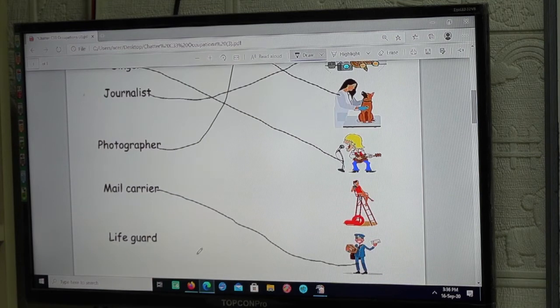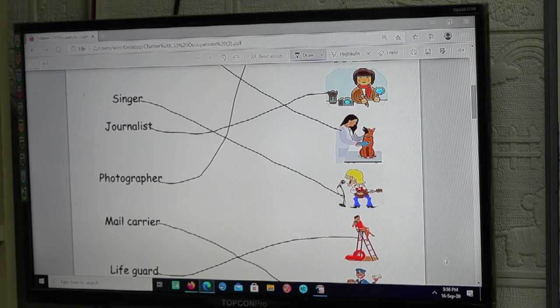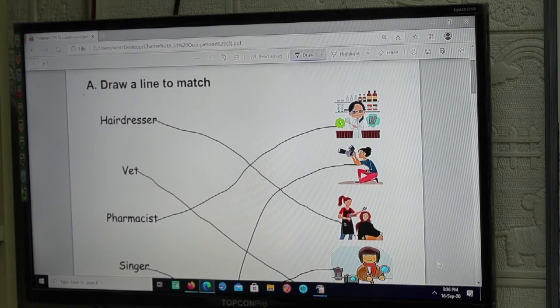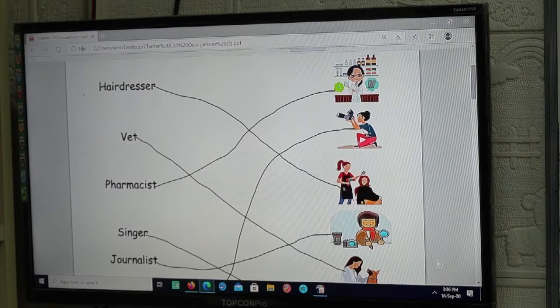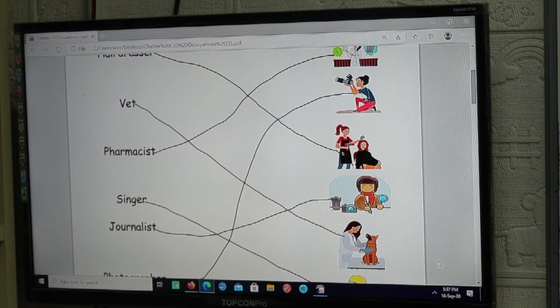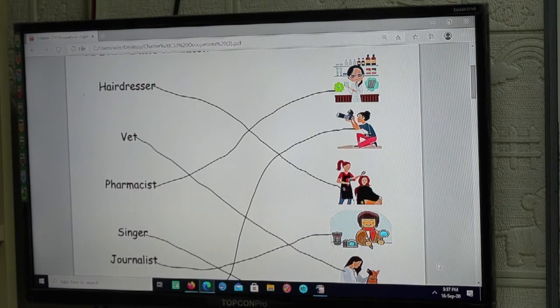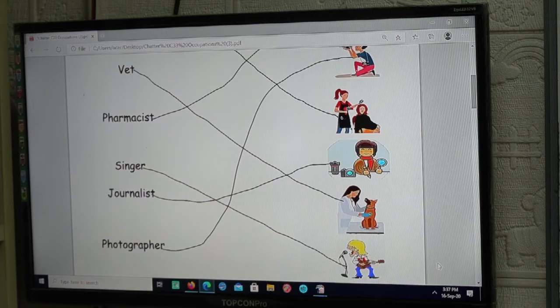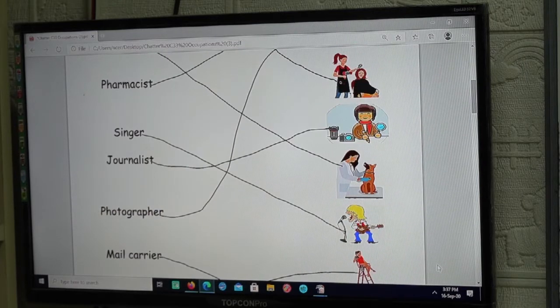That takes care of you while you are swimming at the beach or in a swimming pool. Alright, so check your answers please for this part. Make sure you have drawn the correct line.